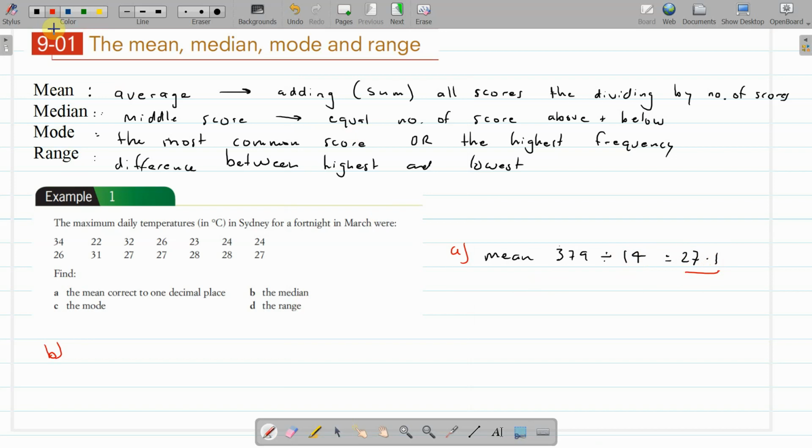Okay, part B is the median, where we have to put the scores in order. I'm going to go with lowest to highest. Hopefully don't miss too many. So lowest looks like 22. We got 23. We got 2 24s.